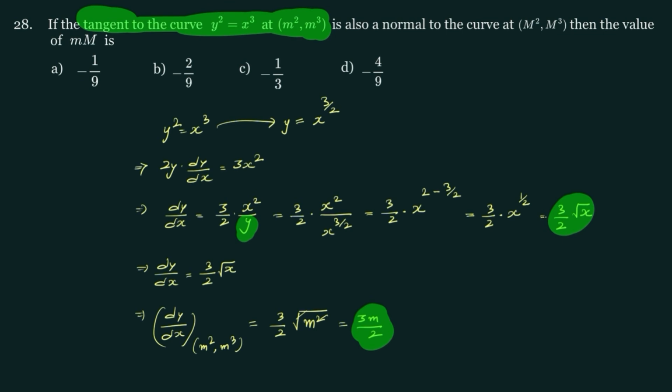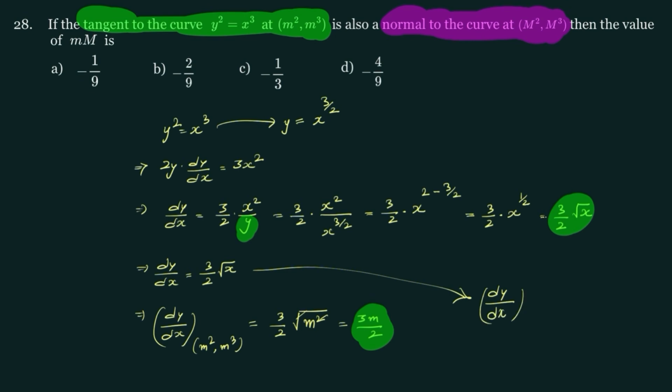Now we will try to find the slope of the normal to the same curve at this point. In order to do that, we need to again differentiate the given function, and we will get the value of dy over dx as 3 by 2 root over x. So from here let us try to find the slope of the tangent at the point capital M squared, comma M cubed.